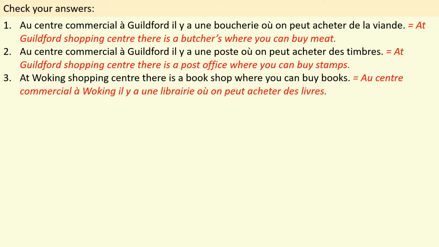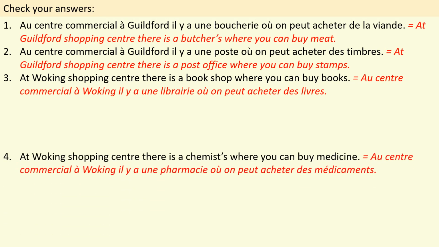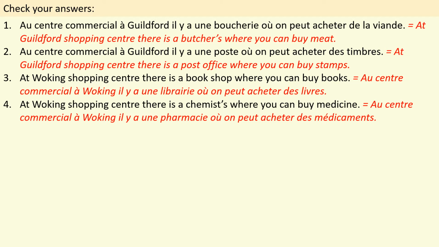Au centre commercial à Woking, il y a une librairie où on peut acheter des livres. Et 4. Au centre commercial à Woking, il y a une pharmacie où on peut acheter des médicaments. Okay, pause to check your answers now. Press play when you're ready to go on to activity 1.